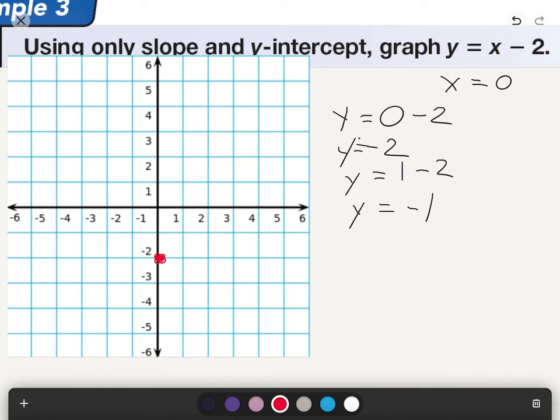If that's at 1, so that'll end up there. And then from there, we already know that we have a slope of 1.